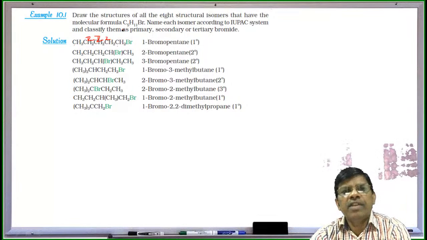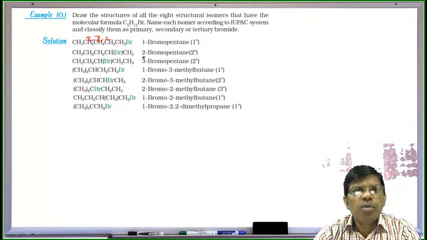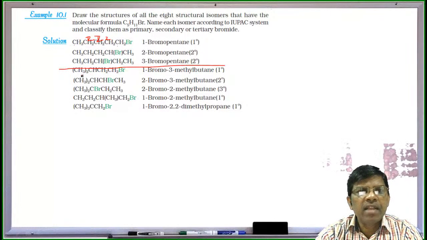Students, this is very important for your board exam, and even for JEE and NEET. So 1-bromopropane, 2-bromopropane, 3-bromopropane. Up to here one series is complete, right? Then you have to change the methyl group's position, 1-bromo-3-methylbutane.